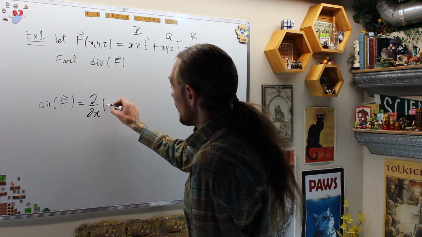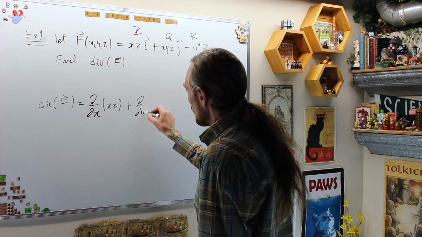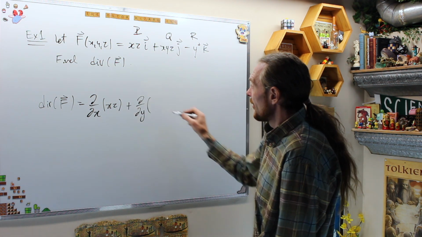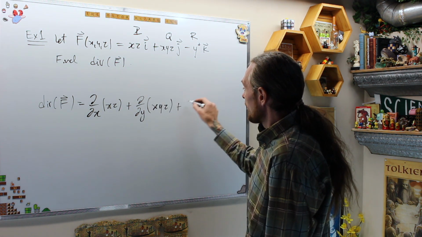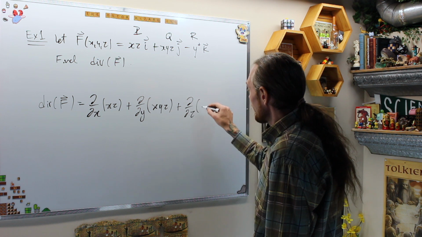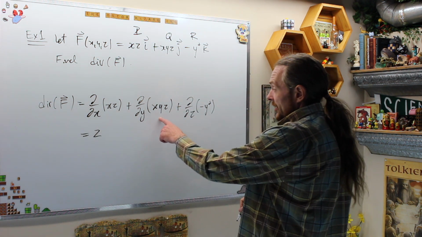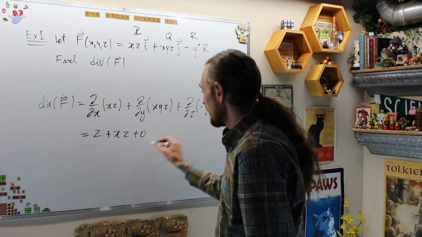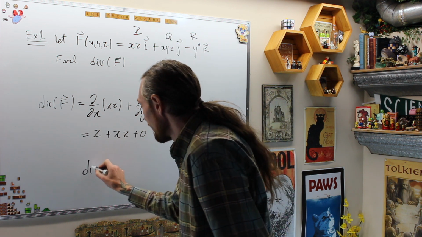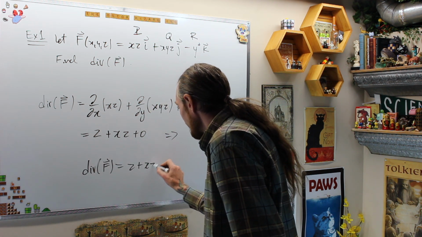So it will be xz, plus the partial with respect to y of Q(x, y, z), plus the partial with respect to z of negative y squared. This one is going to give me z. This one is going to give me xz. And this will give me 0.